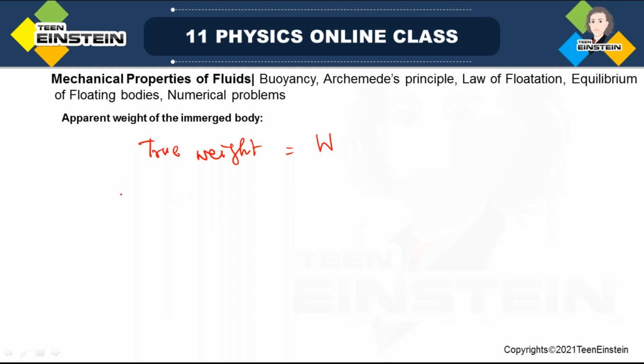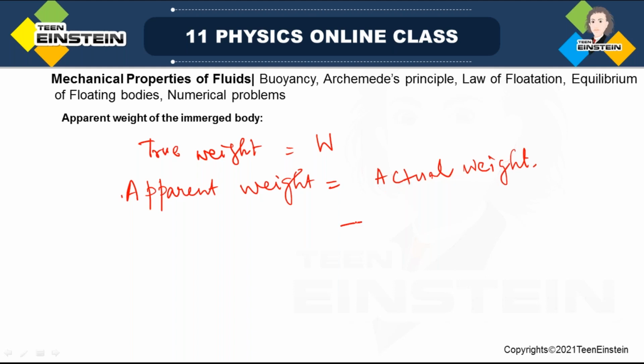Its weight becomes the apparent weight, and that apparent weight becomes actual weight minus buoyant force, because upthrust is there. Actual weight minus buoyant force.